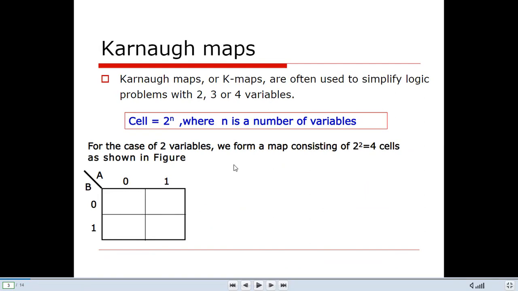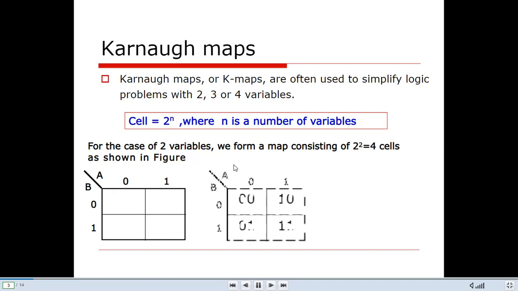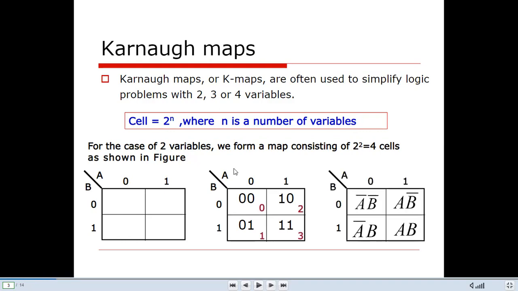In the horizontal direction, B may be 0 and 1. So the cells are 0, 1, 2, 3. The first cell is 0 0, the second cell is 0 1, the third cell is 1 0, and the fourth cell is 1 1. In this manner, the two variable K-map can be prepared.